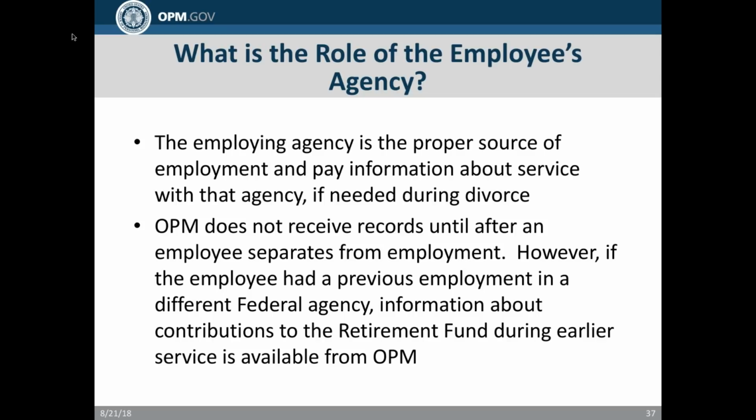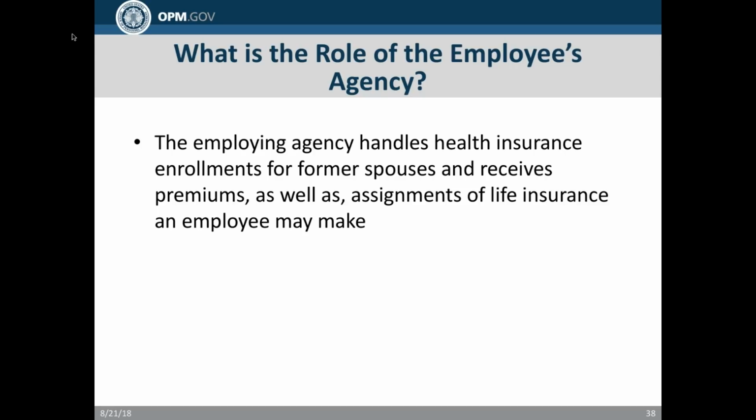However, if the employee had previous employment in a different federal agency, information about contributions to the retirement fund during earlier service is available from OPM. The employee's agency handles health insurance enrollments for former spouses and receives premiums as well as assignments of life insurance an employee may make.